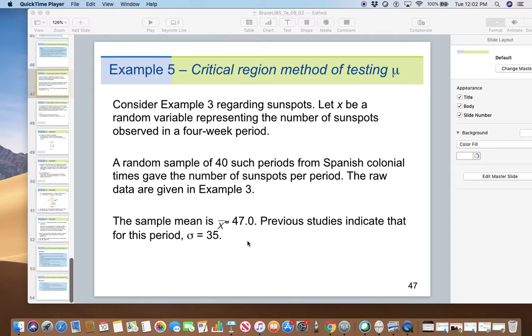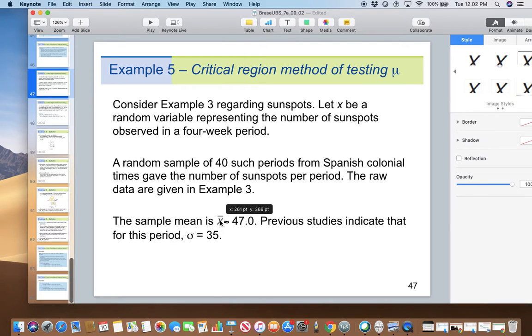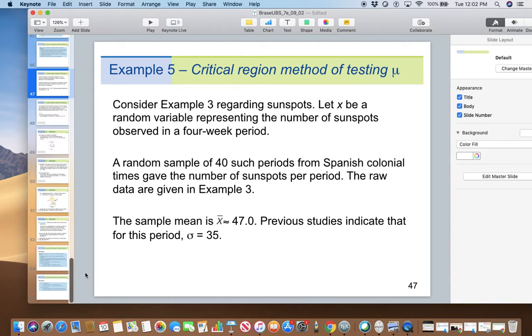The fact is, we saw in that example that x bar, the sample mean, is approximately 47 and sigma is known to be 35. We are using the previous studies.